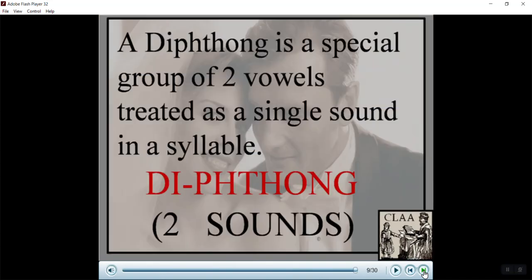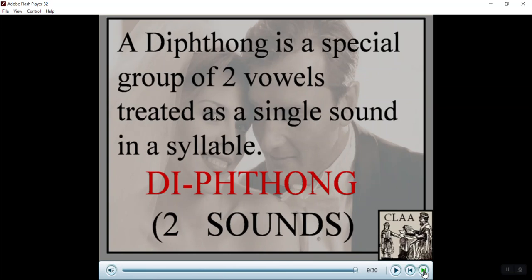A diphthong is a special group of two vowels that are treated as a single sound in a syllable. Let's repeat that. A diphthong is a special group of two vowels that are treated as a single sound in a syllable.